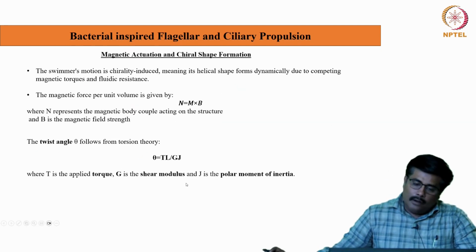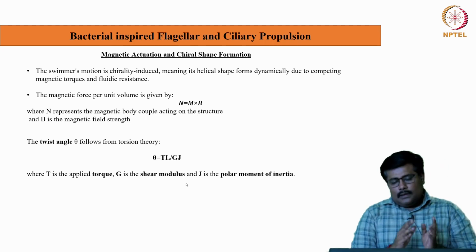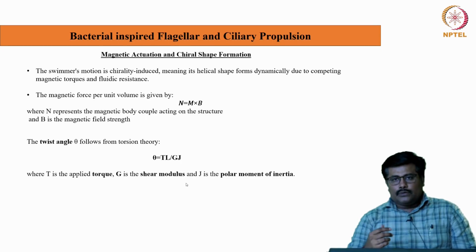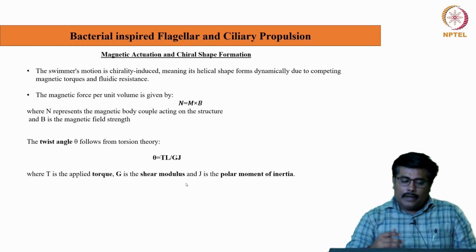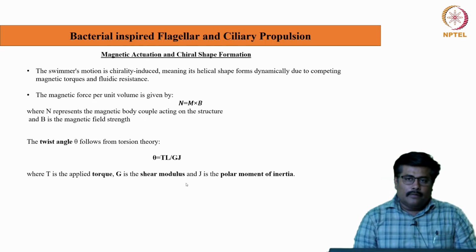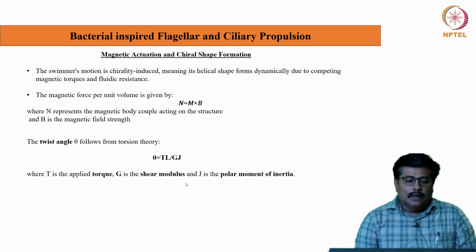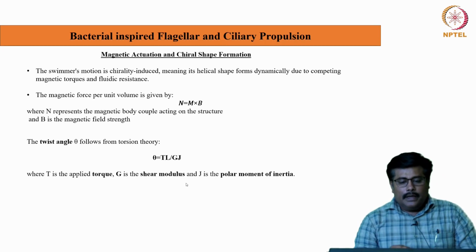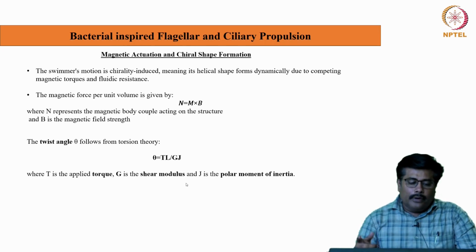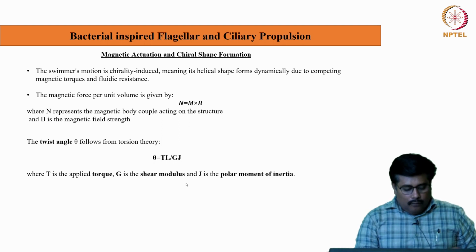Now let us discuss the other parameters contributing towards magnetic swimming, or magnetic actuation, highly focused towards bacterial inspired flagellar or ciliary propulsion. In this particular case, the swimming motion is chirality induced, meaning a helical shape forms dynamically due to a competing magnetic torque and fluid resistance.